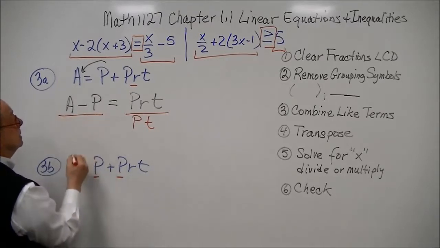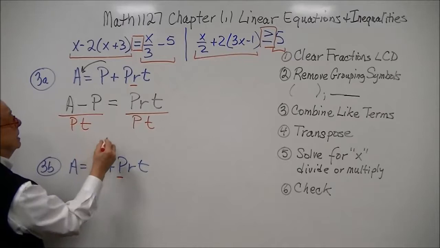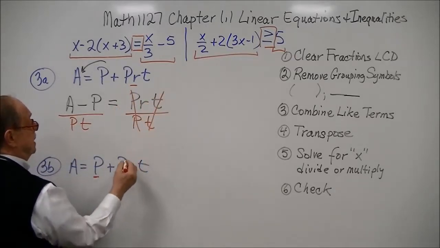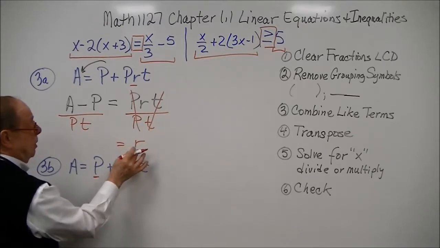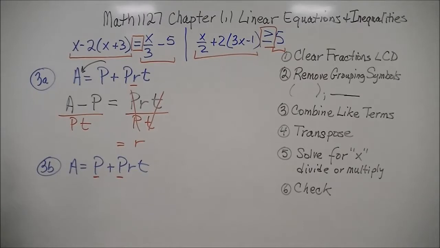But then we must do it to this side. So P T. So here the P's cancel out, the T's cancel out, and we're left with R all by itself. That equals this. And that would be the formula for rate.